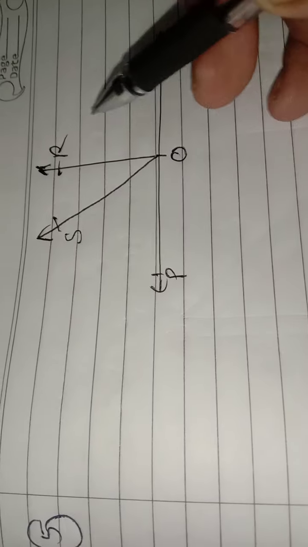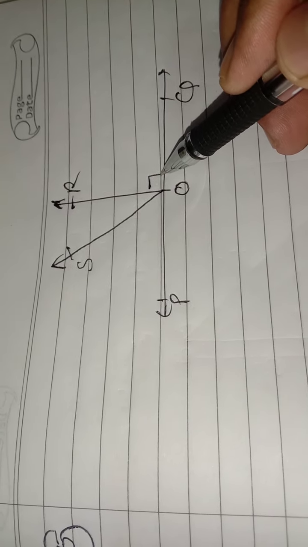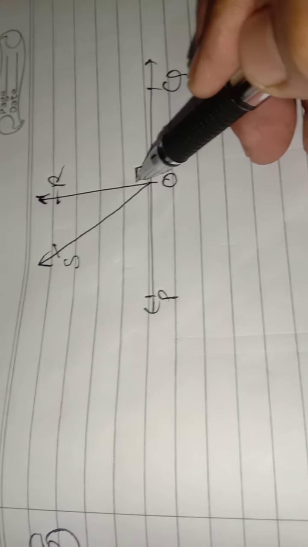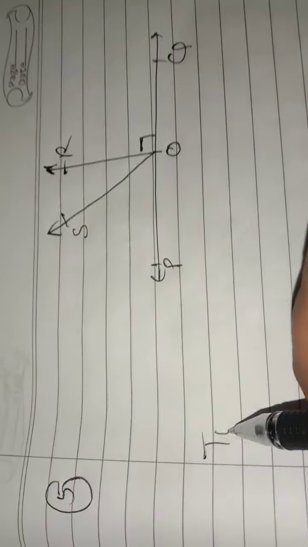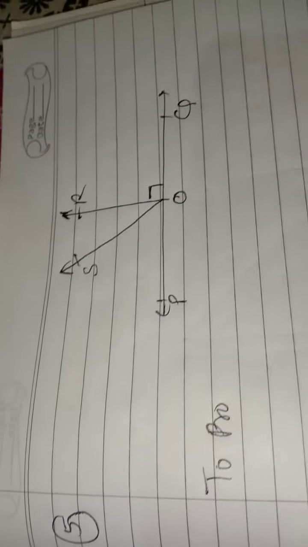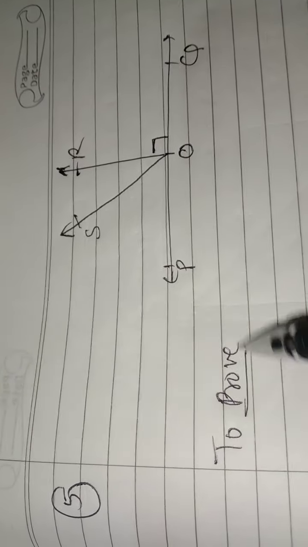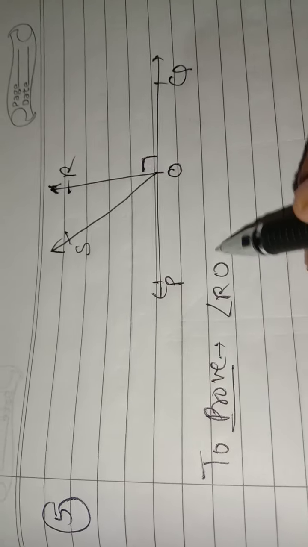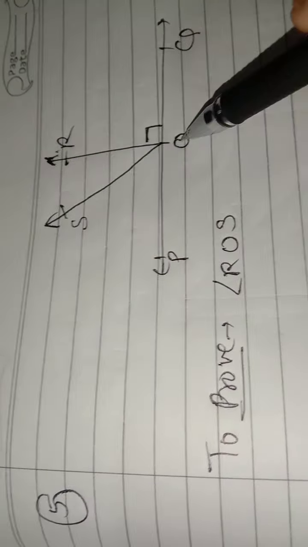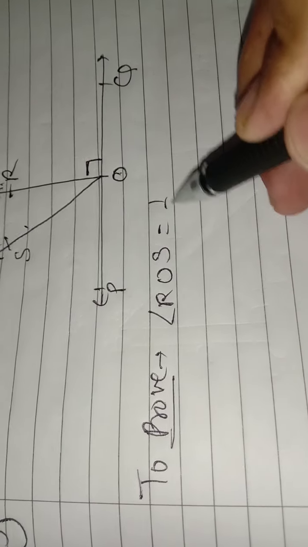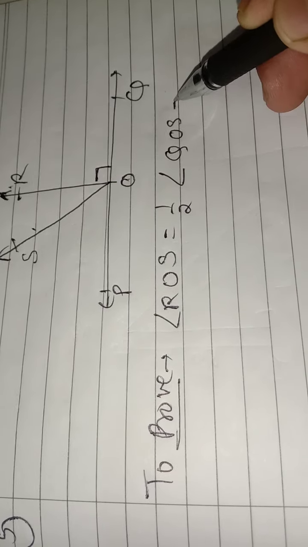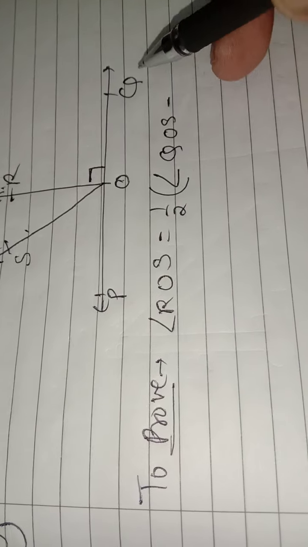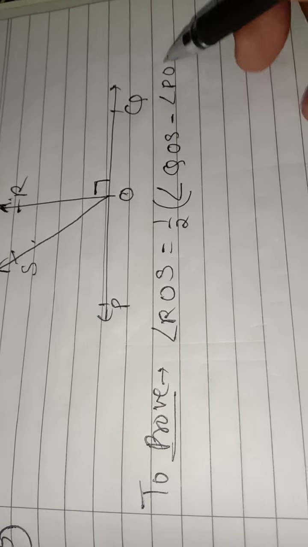One angle is given as 90 and except it nothing is given. So what you have to prove? We have to prove angle ROS is equal to half of angle QOS minus angle POS. That is what we have to prove.